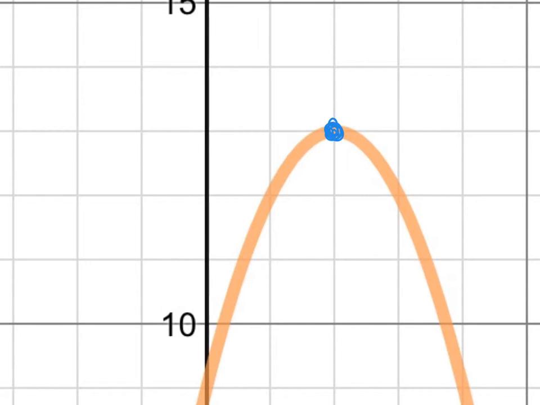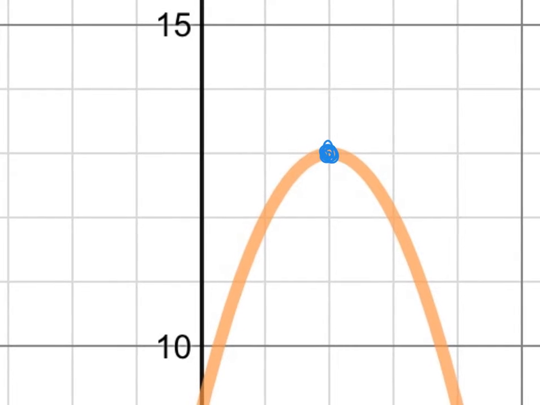We see that this is 10, and this is 15, so 10, 11, 12, 13. So we could see that the y value is 13.